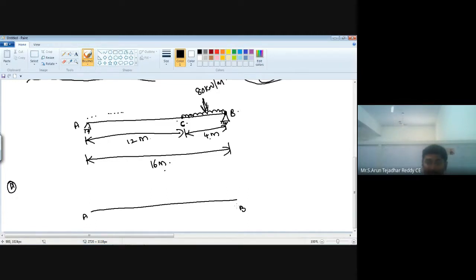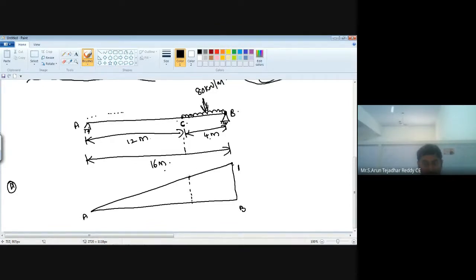And he mentioned calculate reaction at B. So we'll get our maximum intensity at point B only. At point B, that is 1. Okay, that is 1. Now, from this point up to point C, we have a load, that is UDL.